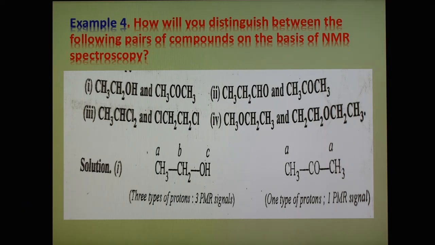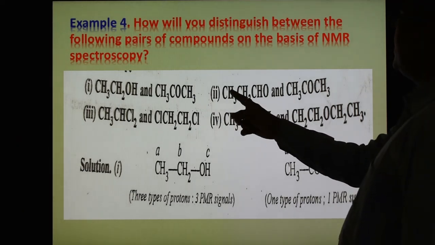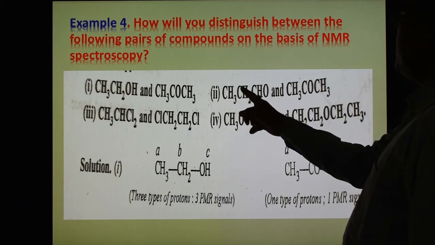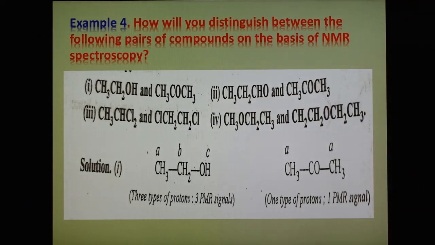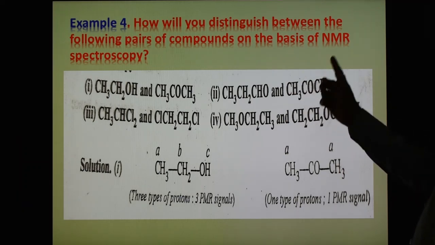The first compound is propionaldehyde, CH3CH2CHO, with protons A, B, C. Three different protons are there, and therefore they give 3 NMR signals. And again there is CH3COCH3, so this compound is again acetone, which gives only one type of proton.